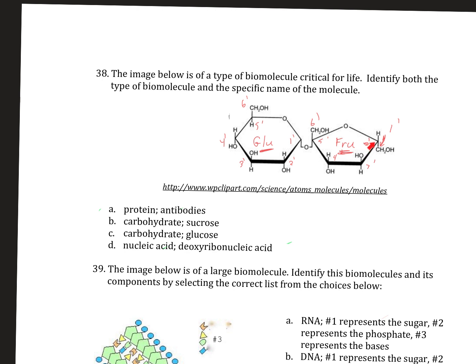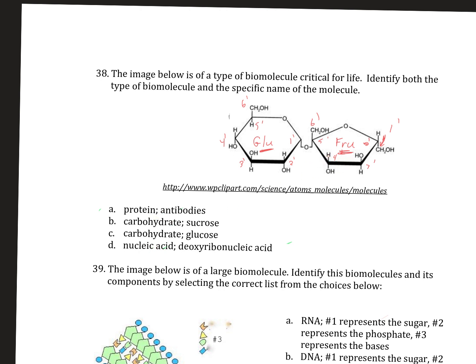If I do the same for the other, 6 carbons, 6 oxygens, 12 hydrogens. Guys, that's a carbohydrate. So the monomer for a carbohydrate is a monosaccharide. When I put 2 of them together, I call them a disaccharide. So identify the type of molecule: carbohydrate.